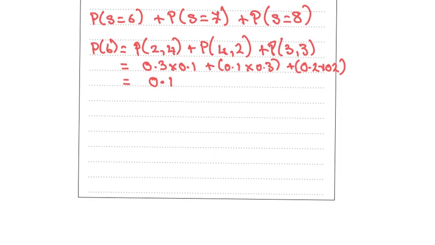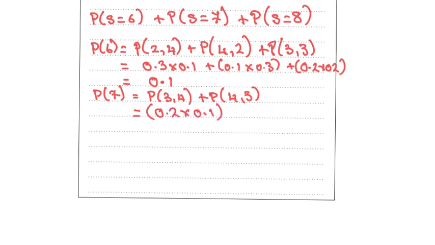The probability that she gets a 7 is equal to the probability of 3 and 4 plus the probability of 4 and 3, which is equal to 0.2 times 0.1 plus 0.1 times 0.2, which is equal to 0.04.